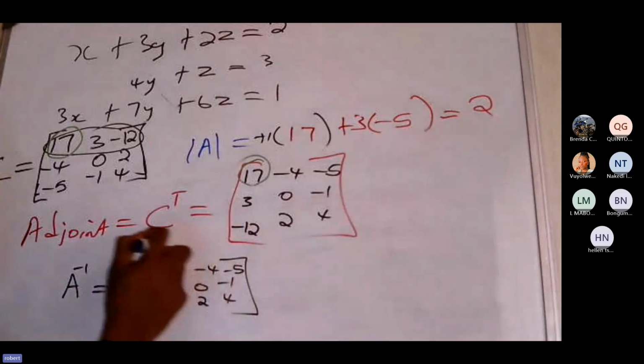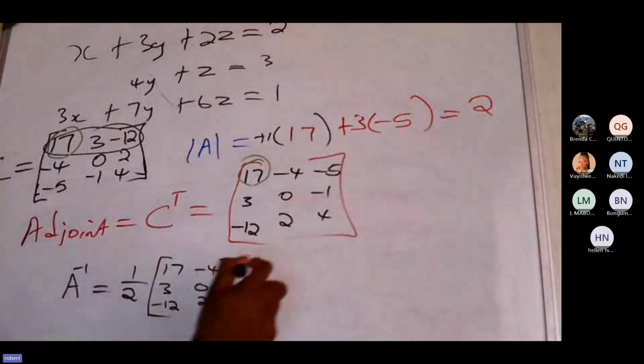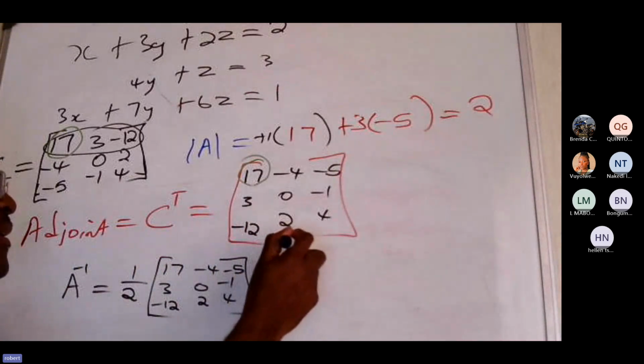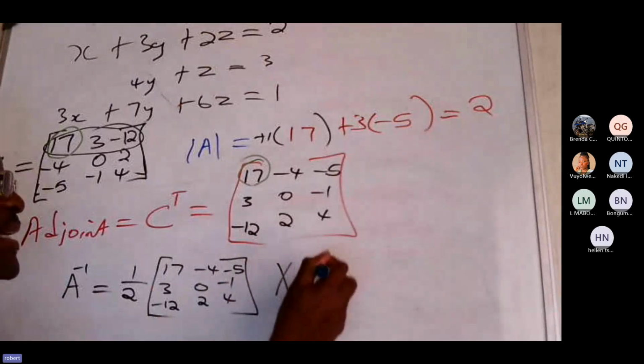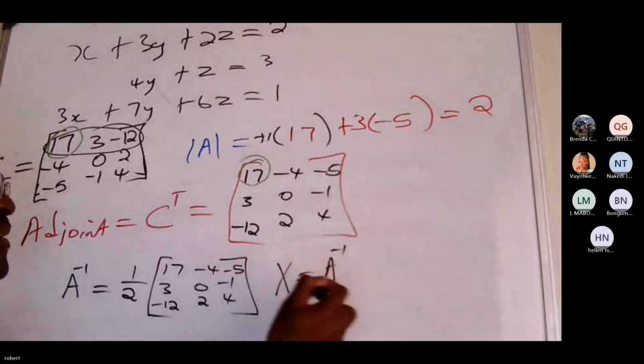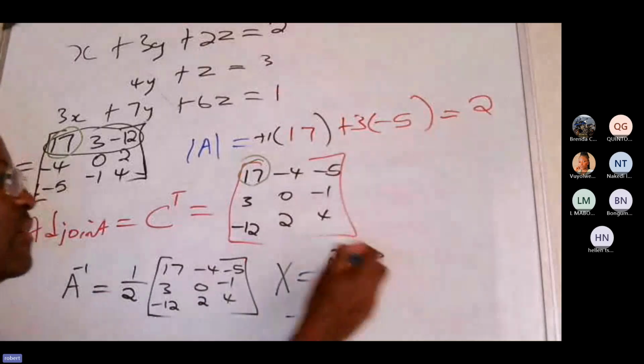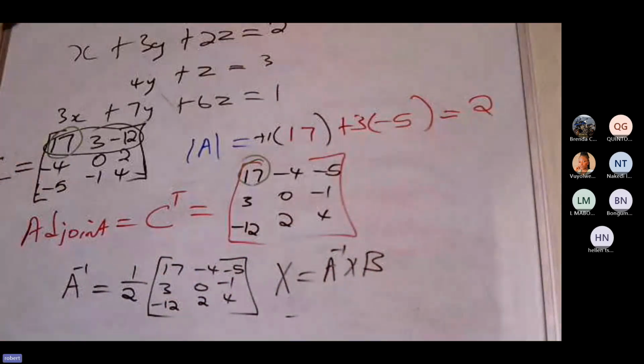Don't forget, X here is the inverse multiplied by B. X is this. Let us squeeze it to this side.